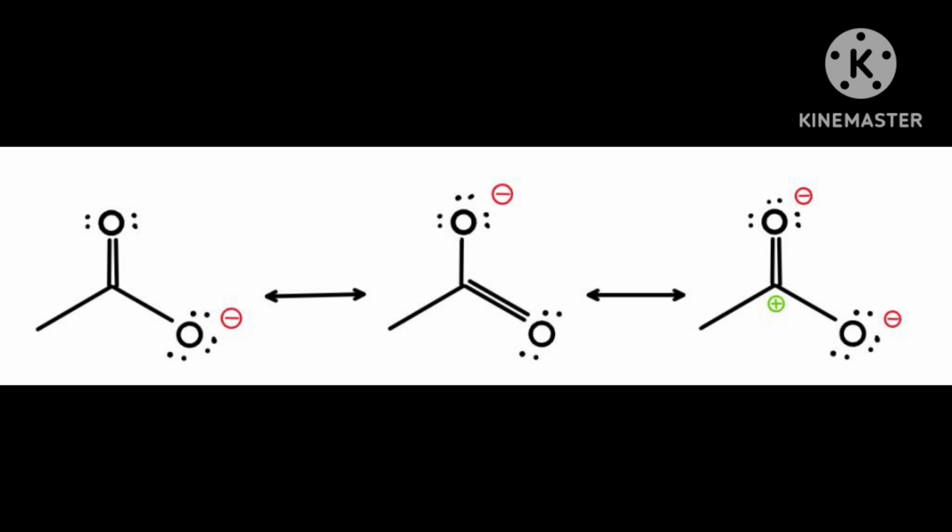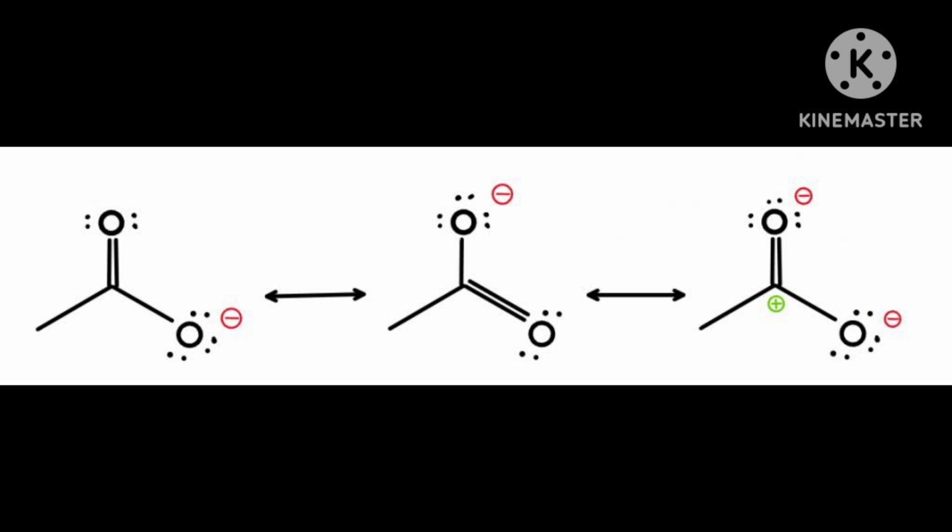We have seen in the first structure it was double bond, and in the second structure it became single bond, and the arrow was towards the oxygen atom, because electron was going to oxygen. Correct? And again you can see the other oxygen, which was having single bond in the first structure. That oxygen was having 3 lone pairs of electrons.